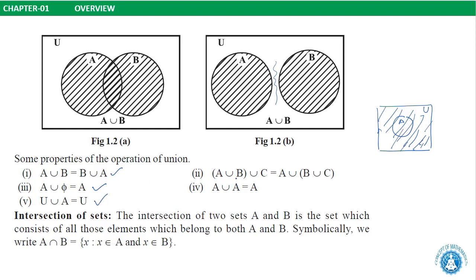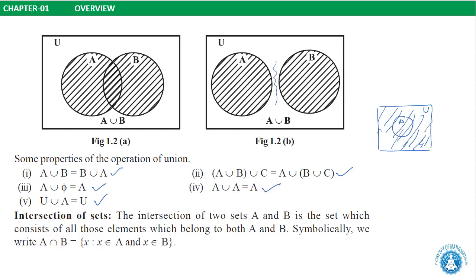Next is union of A and B, and then union of C is equal to A union the union of B and C, which is also not difficult. Union of set A to itself is equal to A.